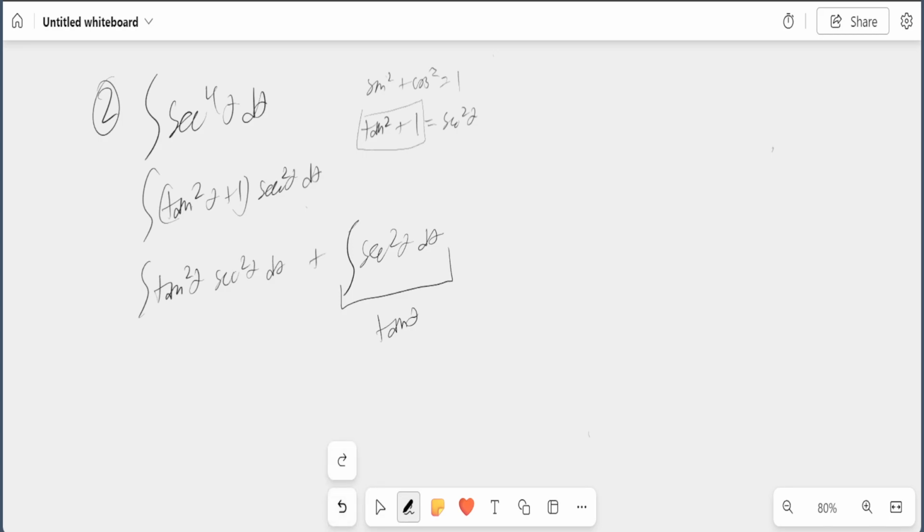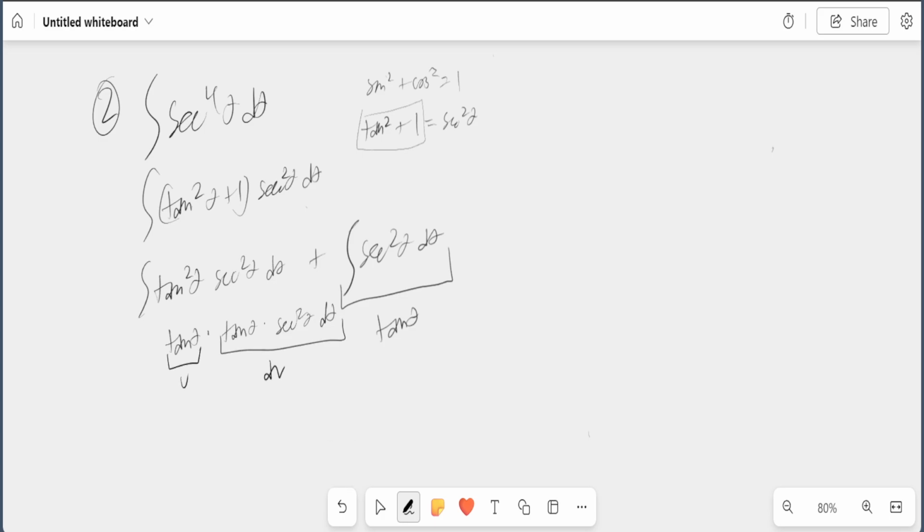Sorry, you do a tangent. You split the tangent squared to tangent theta times tangent theta. So then you get tangent theta times tangent theta times secant squared theta. Do you split this too, or? No, just leave it. Oh, yeah, I see what you mean.